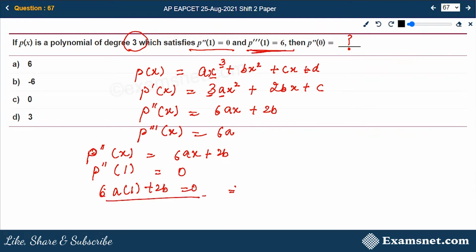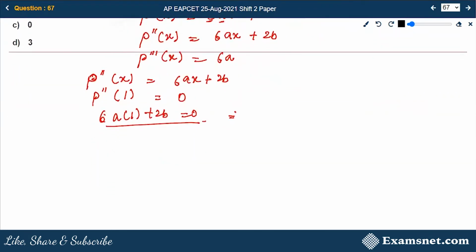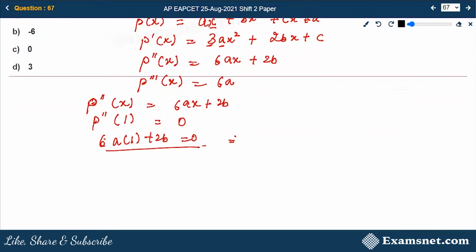And the second condition is the third derivative of P at 1 is equal to 6. What is the third derivative? It is 6a only. So 6a is nothing but 6.